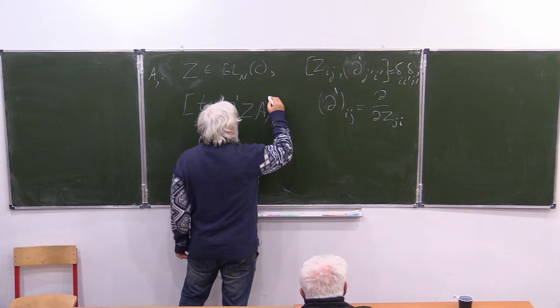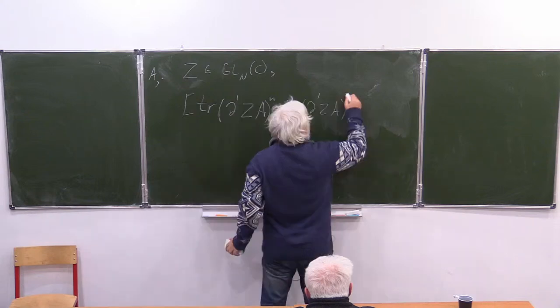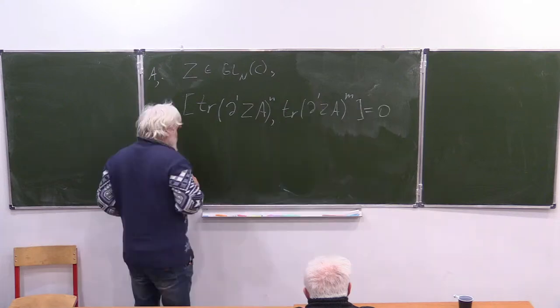So we remember this, and trace of d prime Z A to the power of m commutator is equal to 0. But I should say that A is generic. There is no constraint on A.